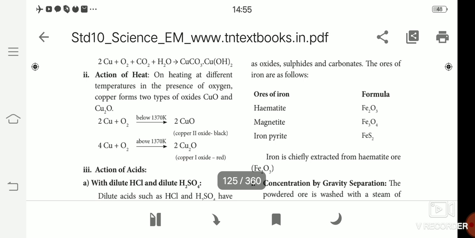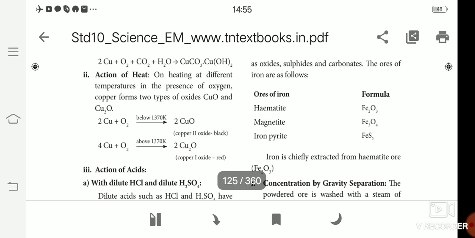Then the action of acids. With dilute hydrochloric and dilute sulfuric acid, hydrochloric HCl, sulfuric H2SO4.